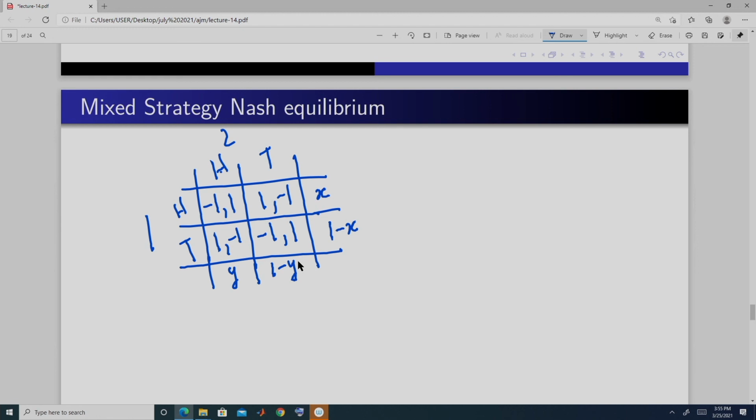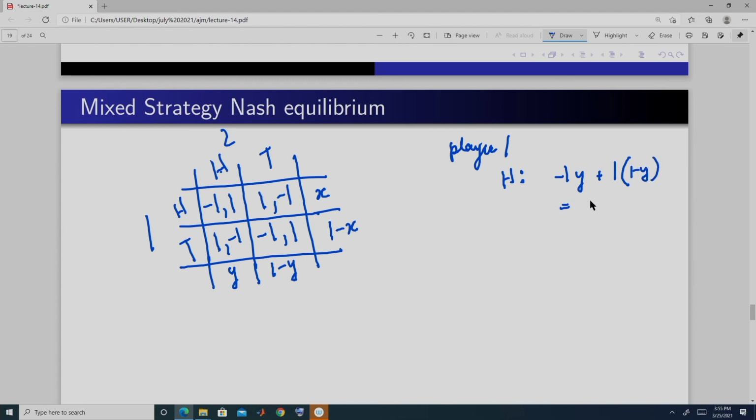Okay. Now, if player 1 plays head, then it will get -1 with probability y, and it will get 1 with probability 1 minus y.